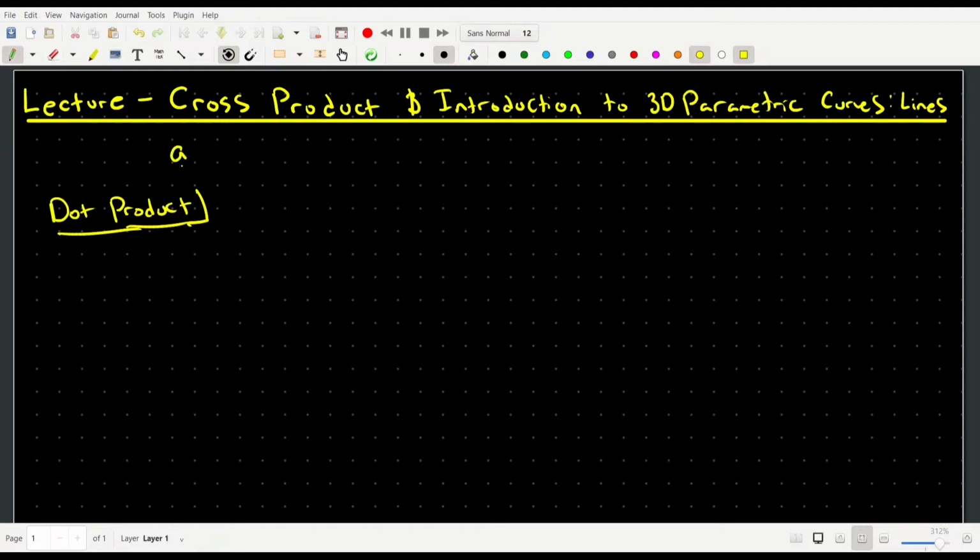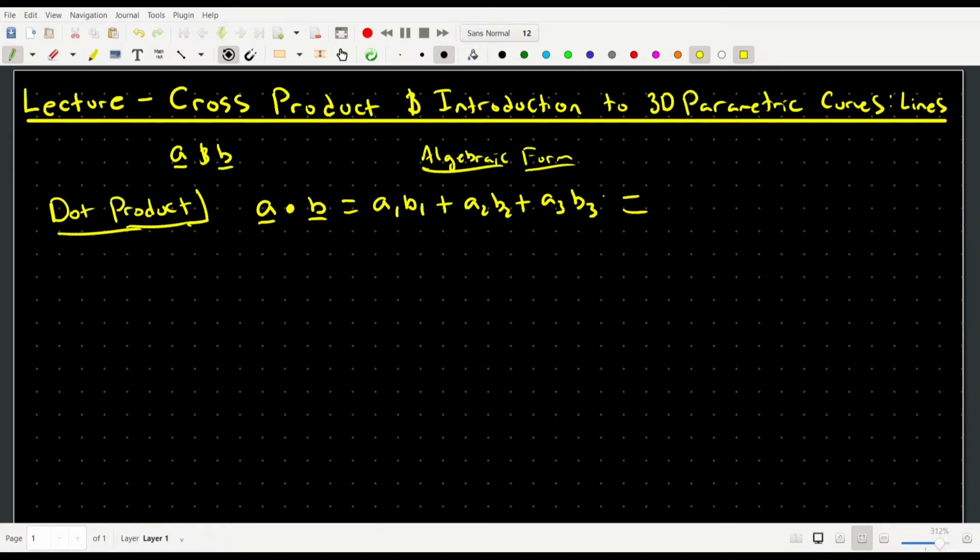This is for vectors A and B. The dot product could be computed using A1 times B1 plus A2 times B2 plus A3 times B3. It's just the sum of the multiplication of each one of the components of the vector. This is the so-called algebraic form of the dot product.